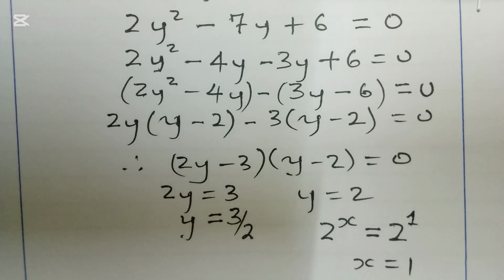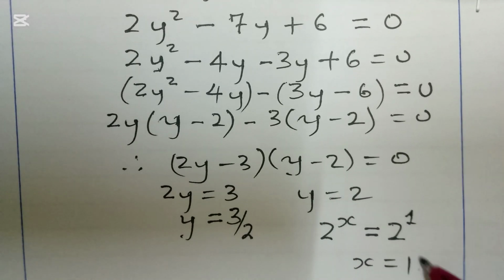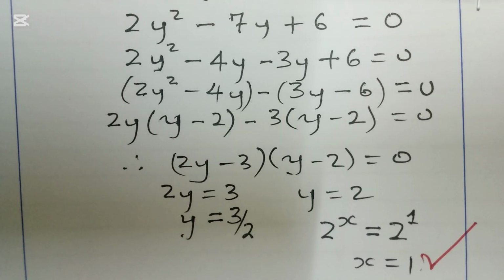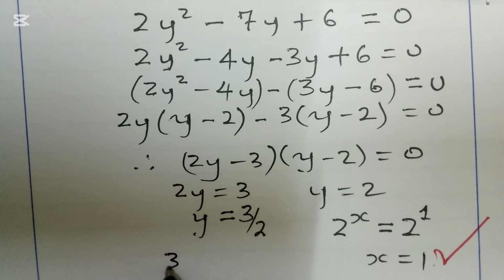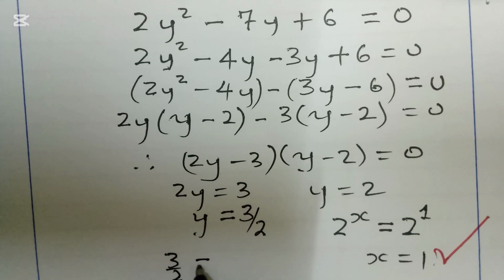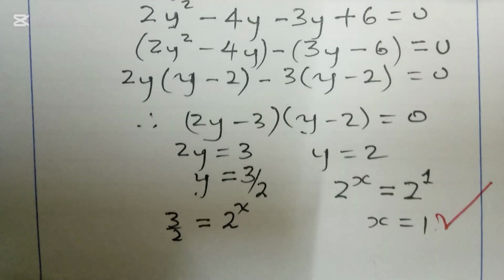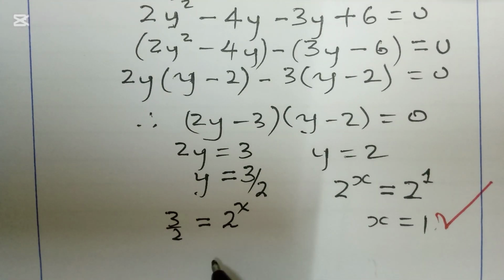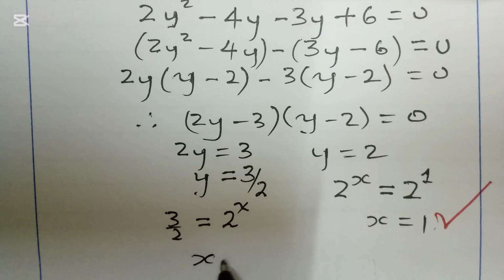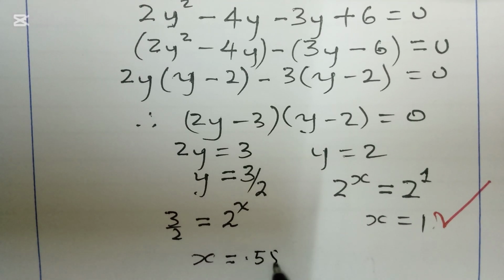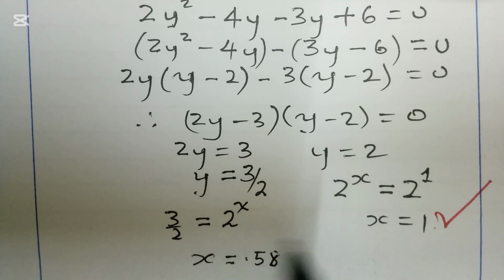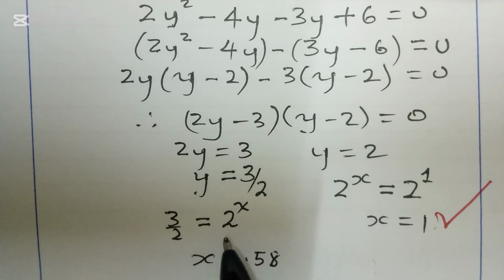So on one side, x equals 1, and on the other side we are going to have 3/2 = 2^x. Therefore, we look for x. I've already looked for that, and this x comes to 0.58. You can use the logarithm for that.